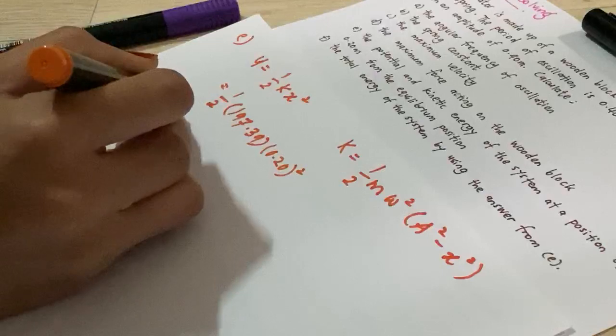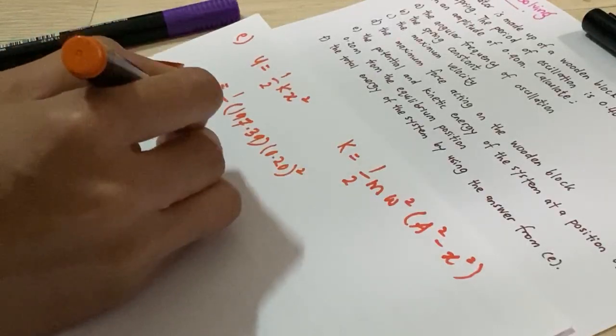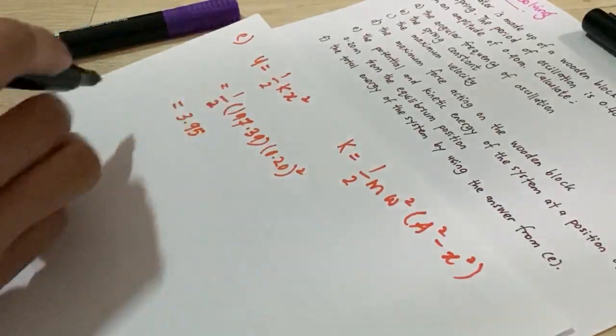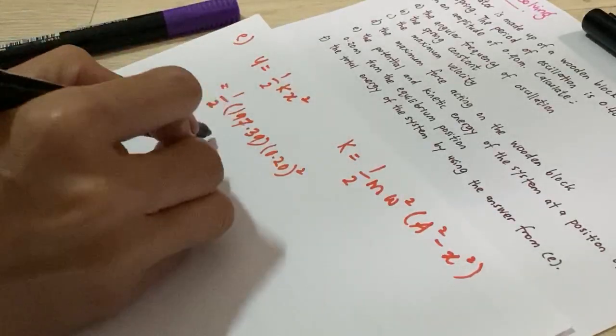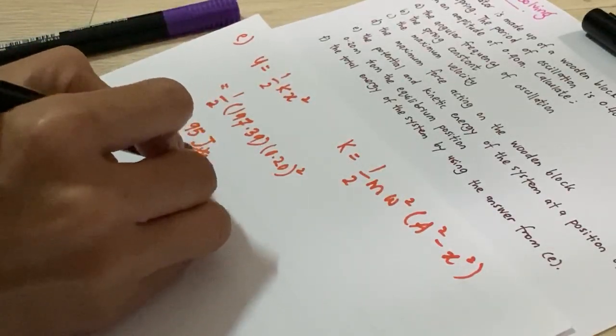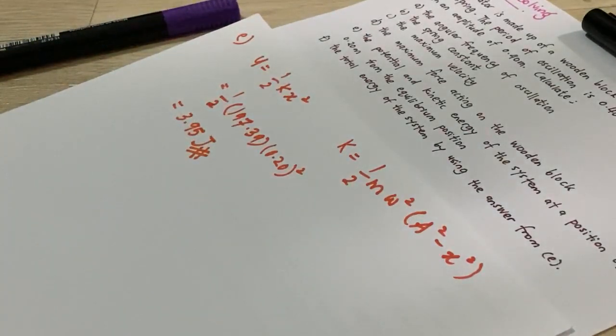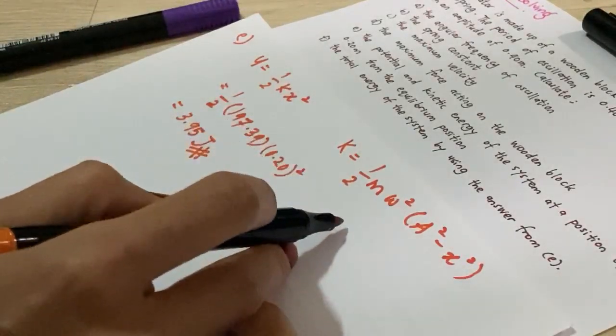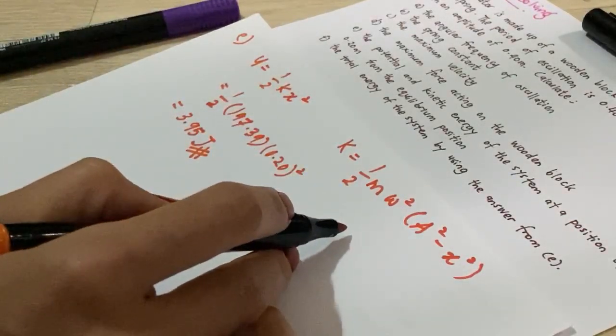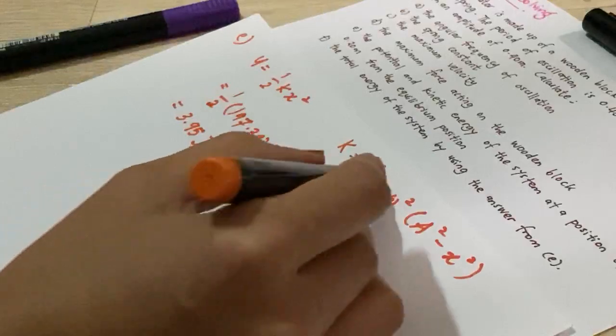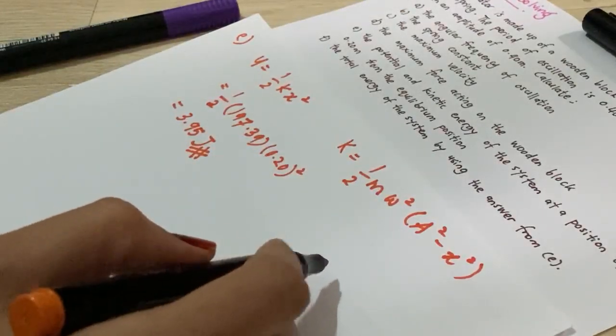You will get the answer 3.95. The unit for the energy is joule. Next, for the kinetic energy, the same method, we just substitute the values.